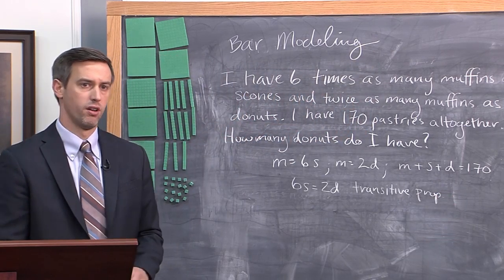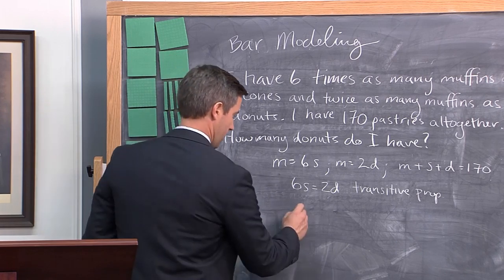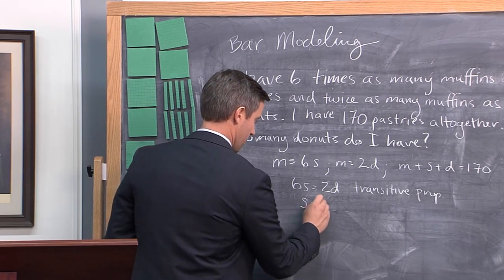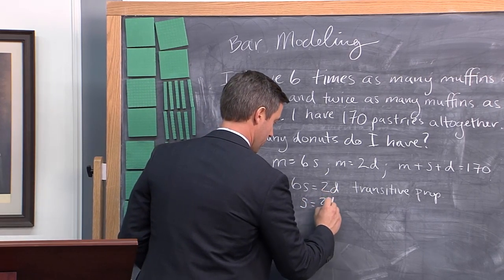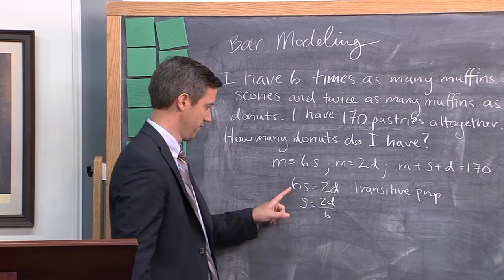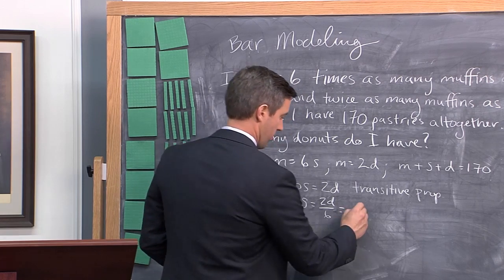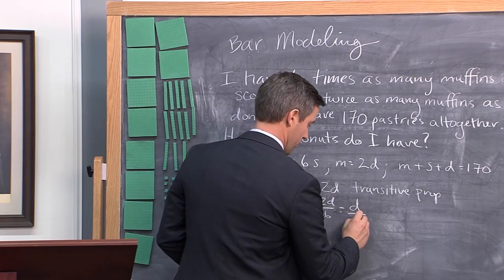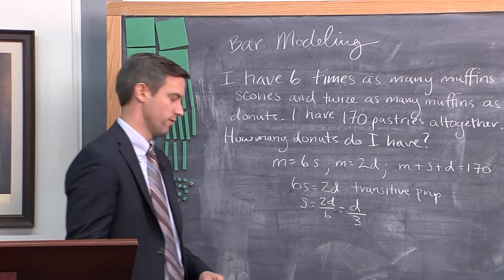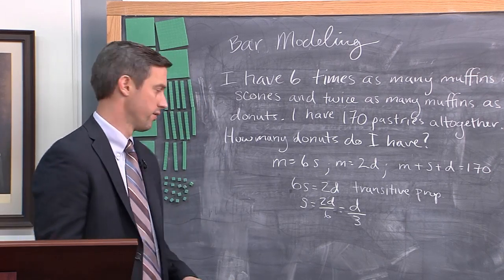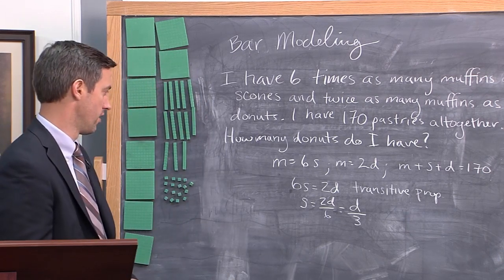And therefore, scones is the same thing as 2 donuts divided by 6 by division, which can be reduced to donuts divided by 3. So scones is equal to 1/3 donuts.